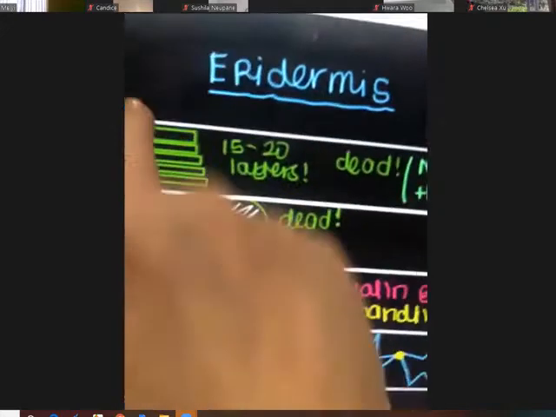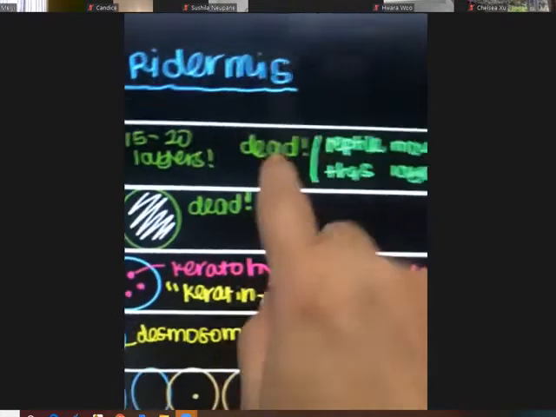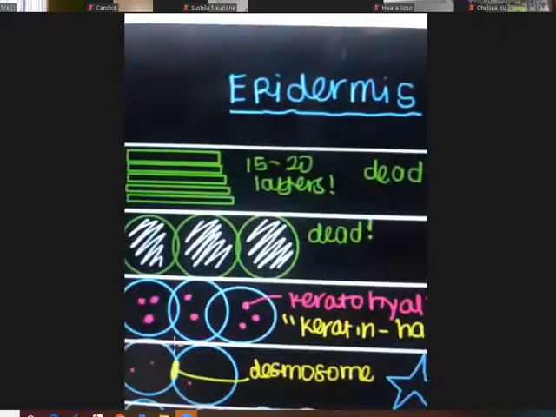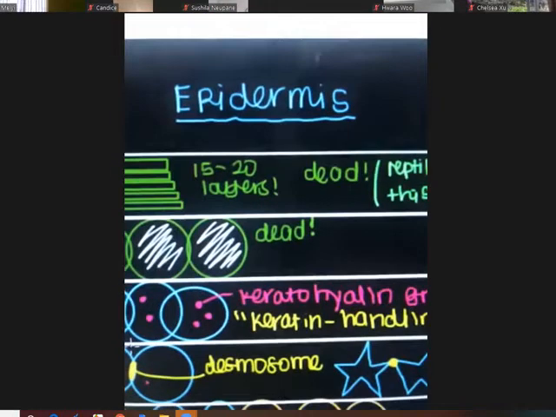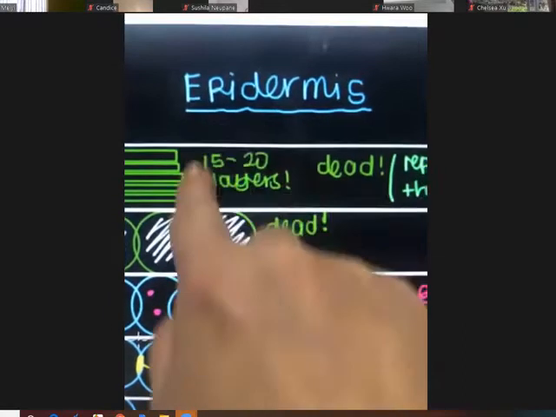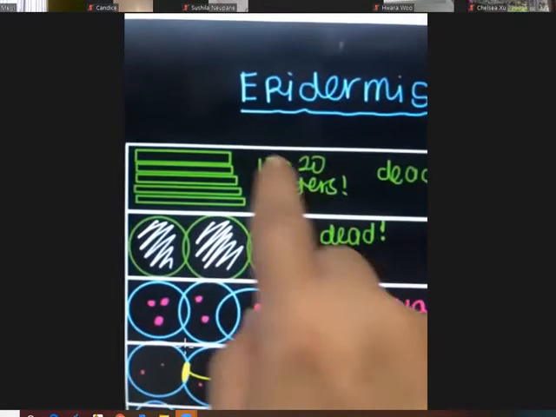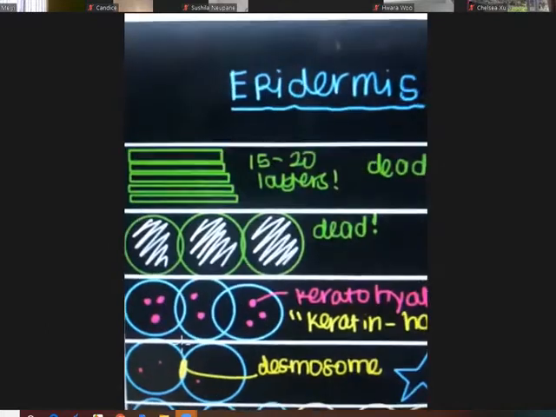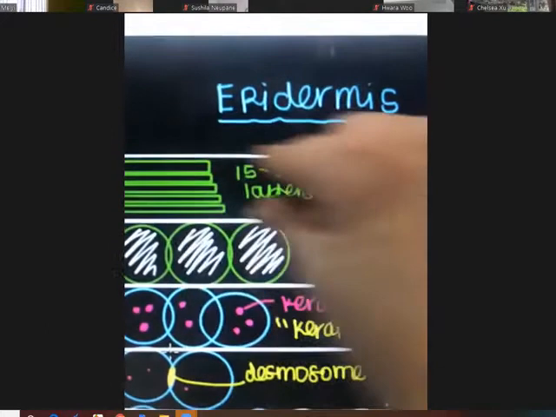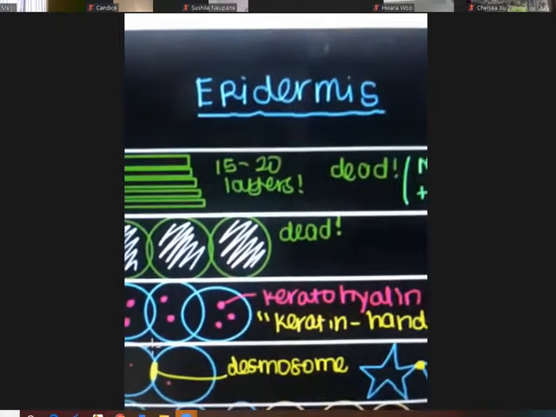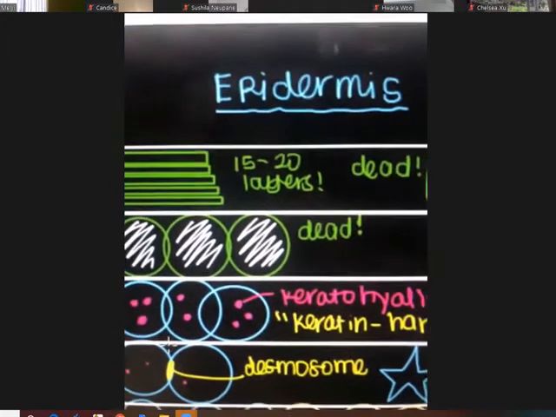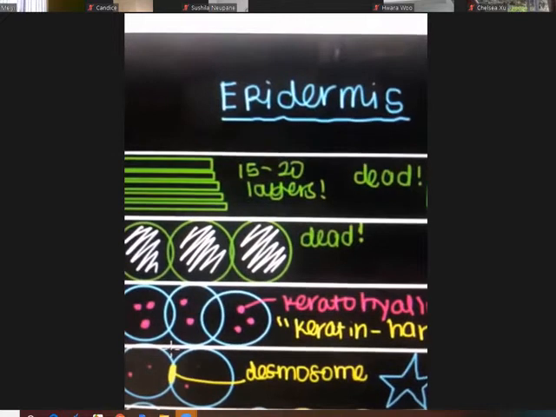The entire stratum corneum is dead skin. 你的表皮层的第一层全部都是死皮。Your dead skin has 15 to 20 layers. 死皮有15到20层。That's why when we look at our face, sometimes you see skin falling off.